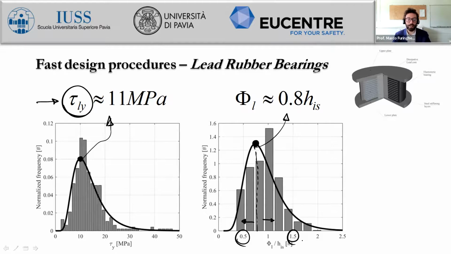That would be important information for your design, because you can analyze the catalog of a producer for their lead rubber bearings, and you see that maybe the diameter of the lead core with respect to the height is 1.2.